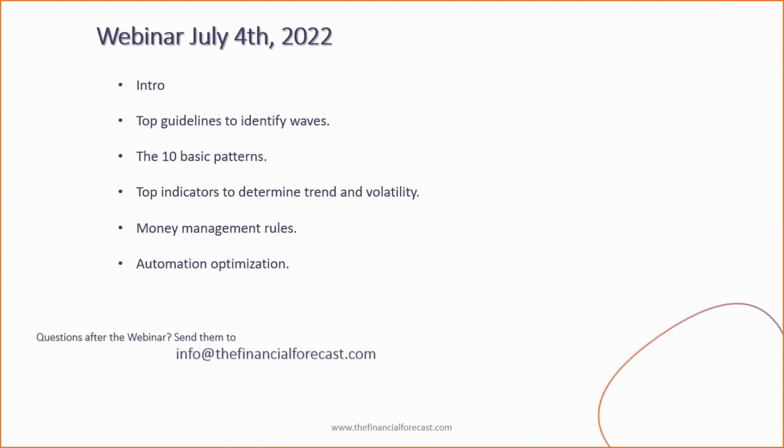We will deep dive into the top guidelines to identify waves. There is a lot of subjectivity around this because if we follow the Elliott Wave principle as it is, with the same graphic, we can give to 10 different analysts the same graphic and probably we will get 10 different counts.